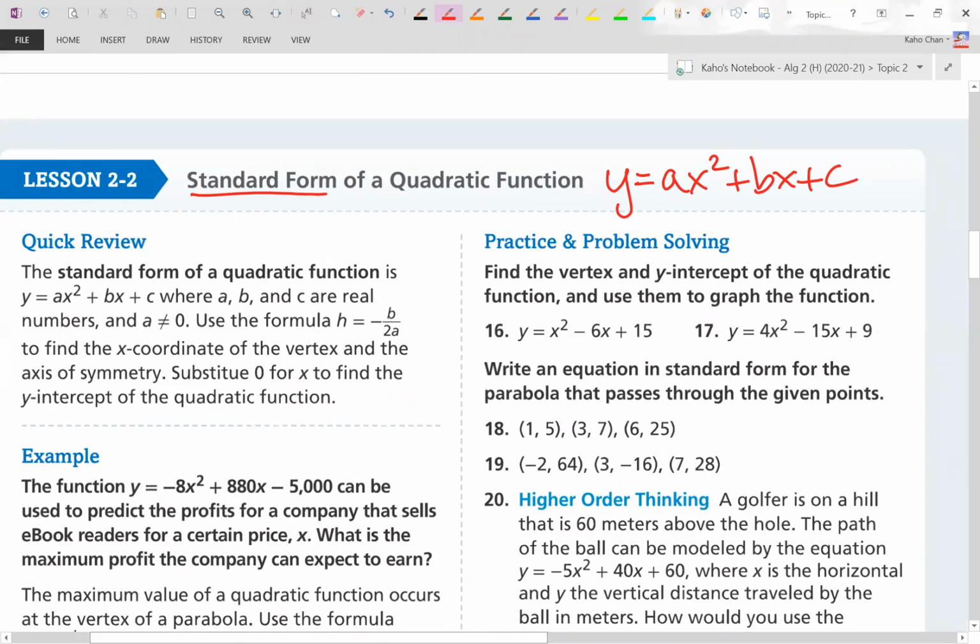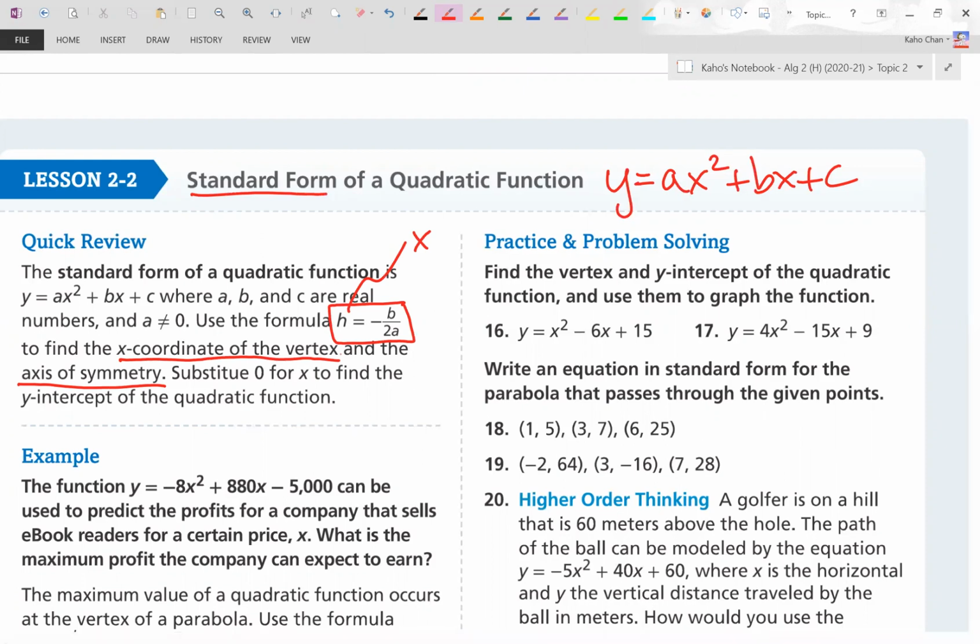Some things that will help us out are this formula right here that I've talked about and proved. h, or x, equals -b over 2a will give you the axis of symmetry. It's also the x coordinate of the vertex, just to remind you that, okay? One other thing is you can find the y-intercept by setting x equal to 0, which literally means the y-intercept is right there, c.